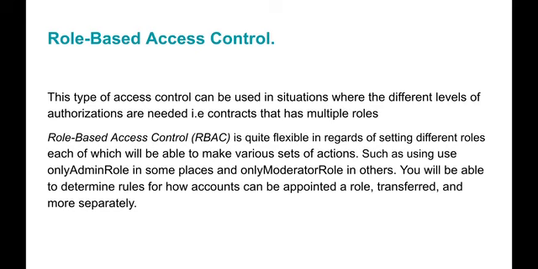Role-based access control is quite flexible in regards to setting different roles, each of which will be able to perform various sets of actions. That's what I said earlier, that these roles have different actions that they perform, and different role access.